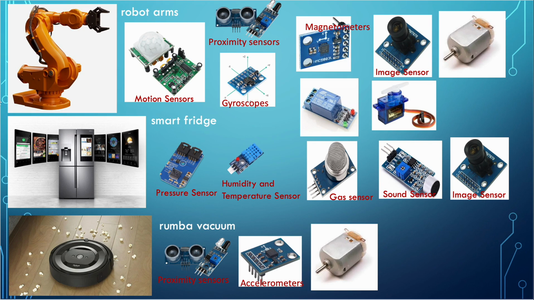You will have gyroscopes to understand the alignment of the arm at any given point. I also added magnetometers, because you can use magnetic tapes or small magnets as focus points. So using a magnetometer, these arms can move into the position they need.